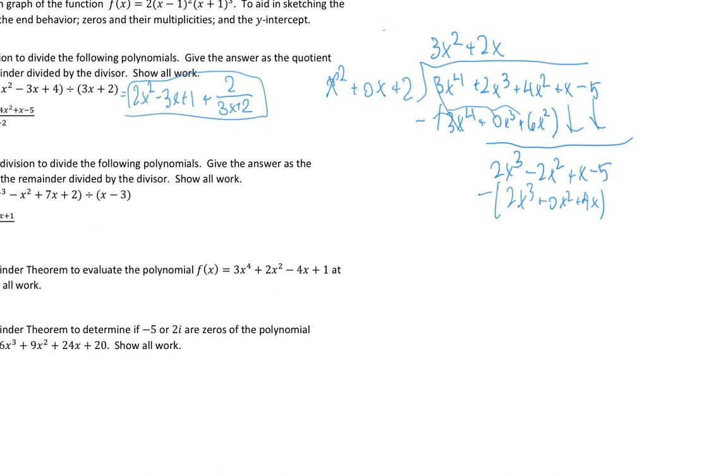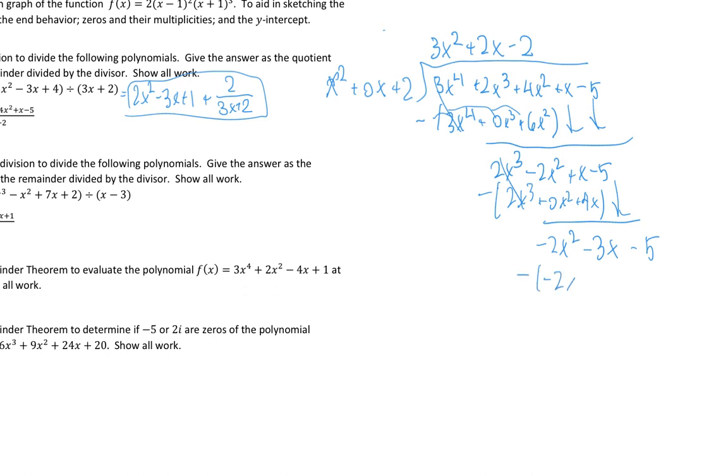So we're subtracting all these, so these cancel. This will just carry down, so we get minus 2x squared. x minus 4x will be minus 3x, and then this carries down. Minus 5. Now, what do I need to multiply x squared by to get to minus 2x squared? Well, just a minus 2.